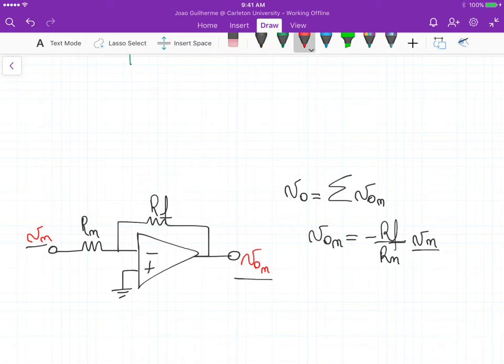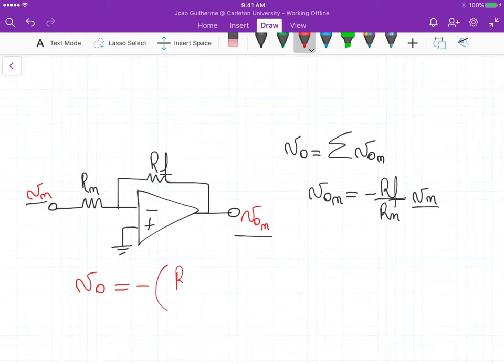So at the end, the equation that we have for Vout is equal to minus the sum of RF over Rn, where n goes from 1 up to 3, because we have 3 inputs.